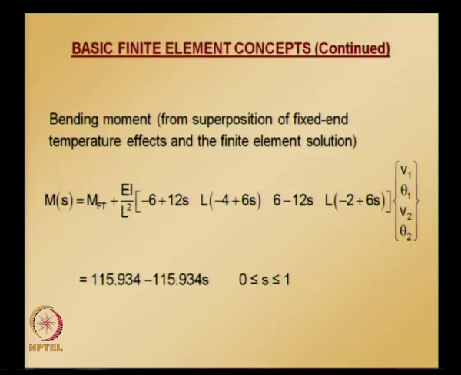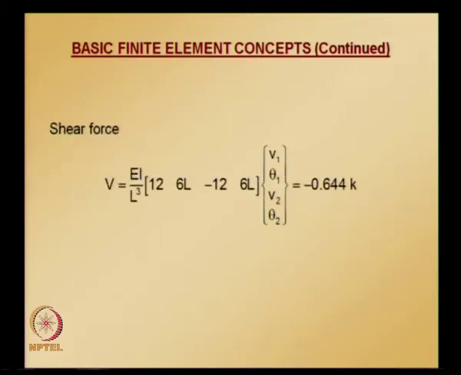Similarly we can calculate the shear force, but noting that because of the temperature effects, no fixed end shear is going to be there, so no correction is required. The shear force is given by this formula using the third derivative of the finite element shape functions for the beam element, and using the nodal values we get this shear force value.